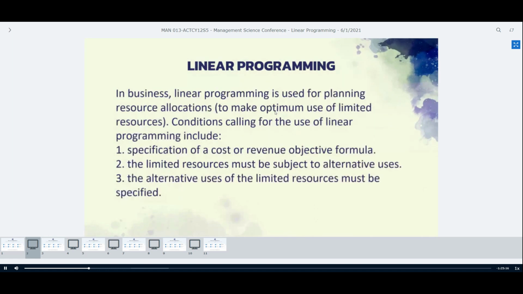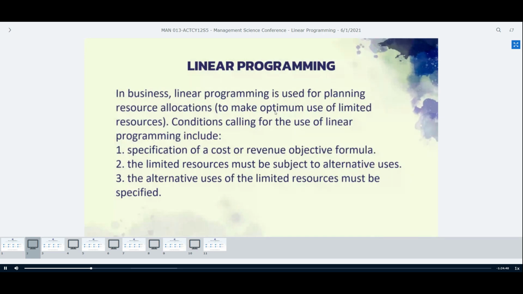Okay? So in business, linear programming is used for planning resource allocations to make optimum use of limited resources. So conditions calling for the use of linear programming include specification of a cost or revenue objective formula. The limited resources must be subject to alternative uses.